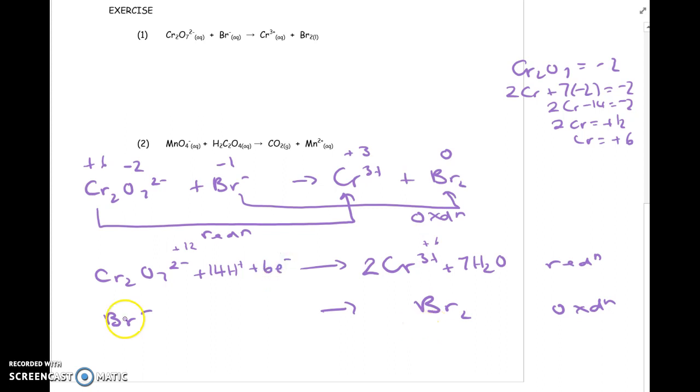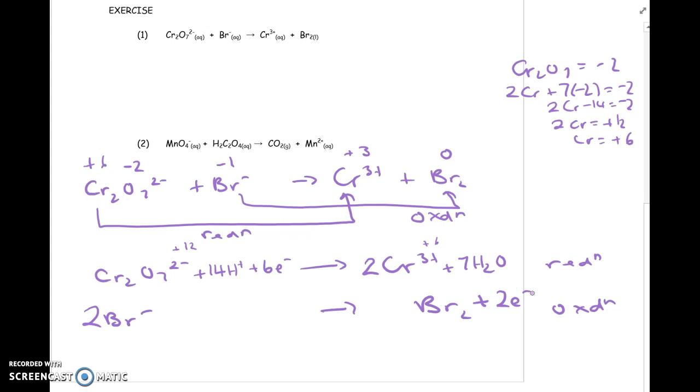Now for this one here, I've got 1 bromide here and 2 here, so I'm going to add 2 bromines for there. I've got no hydrogens and oxygens, so I just need to balance the charge. This side here is negative 2, 2 lots of negative 1. This side is 0, add my electrons to the most positive side, so add 2 electrons.